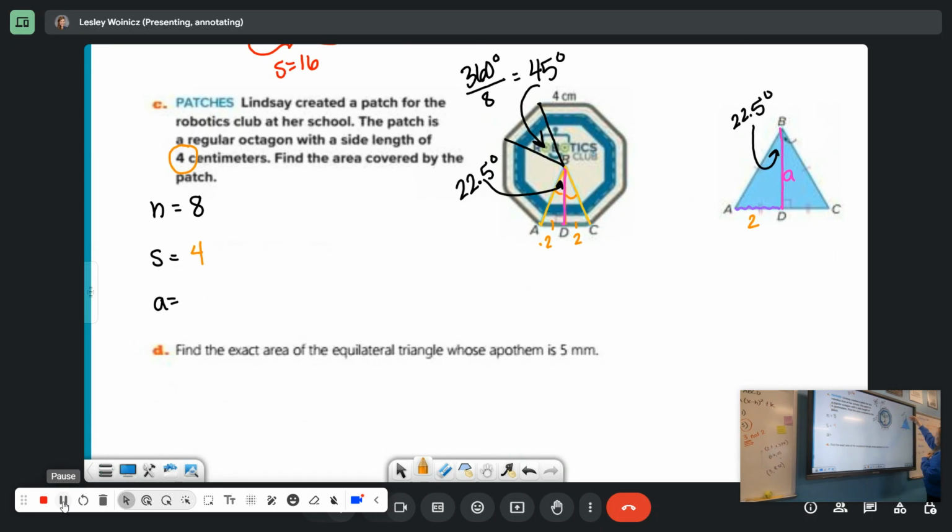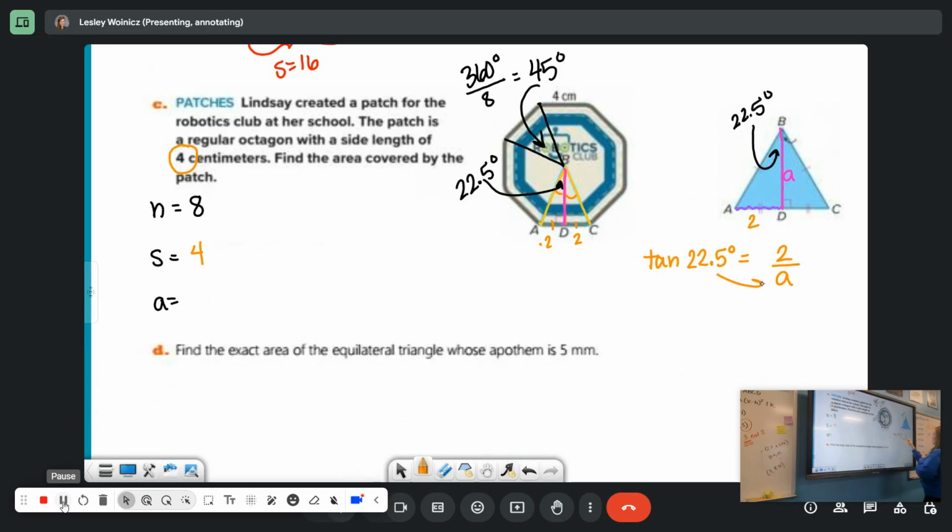So I can use tangent, which is opposite over adjacent, and find my apothem. So tangent of 22.5 degrees is opposite 2 over adjacent apothem.